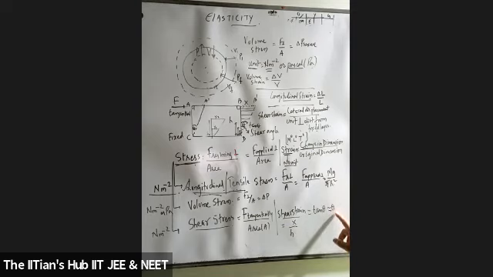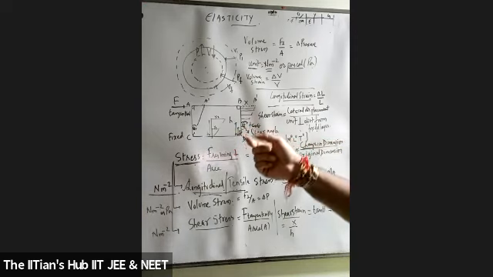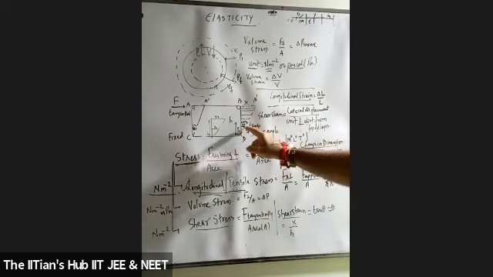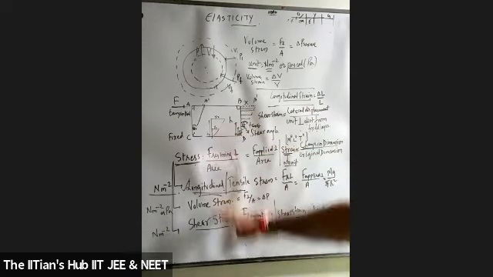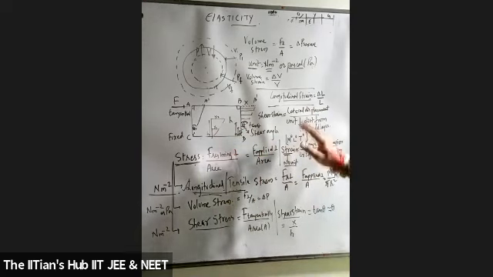Because this angle is very, very small. What is the name of this angle called? Shear angle. So there are three kinds of stress, three kinds of strain. Stress has Newton per meter square as a unit. Strain has no unit. Is this clear to all of you? Students, is this clear? Stress and strain?